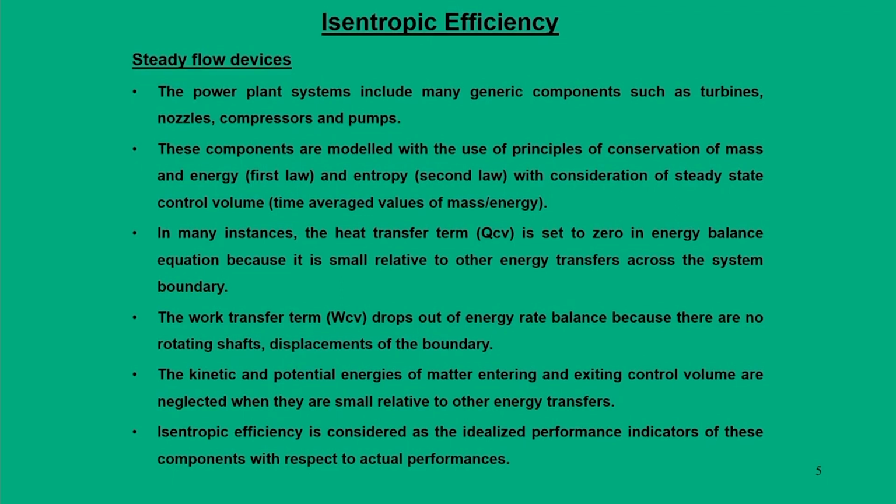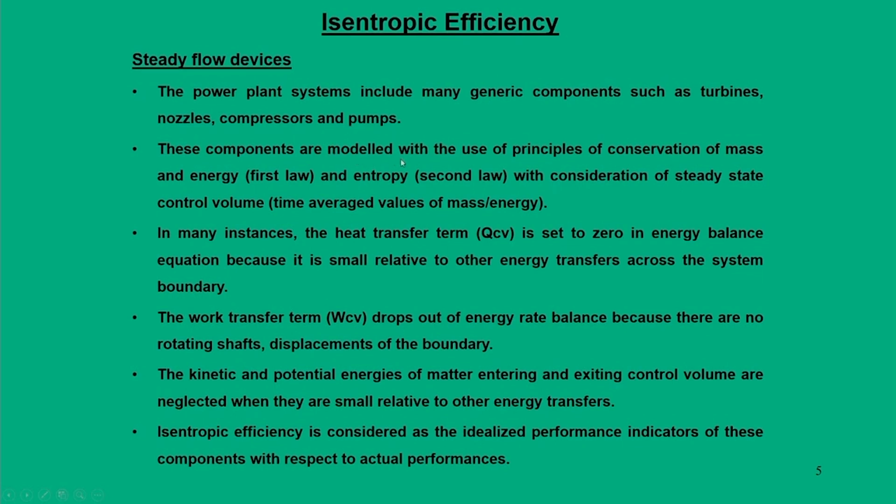So, the isentropic process is the benchmark for the idealized performance of the component. If I can summarize, the steady flow devices include components like turbines, nozzles, compressors and pumps.